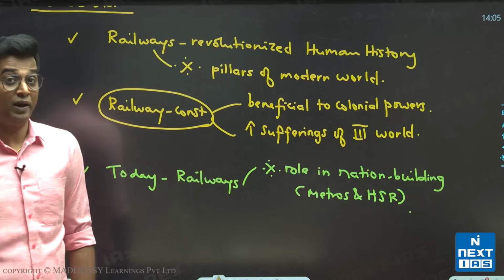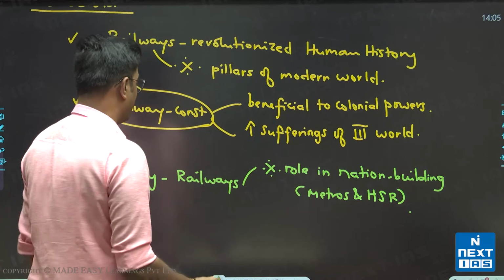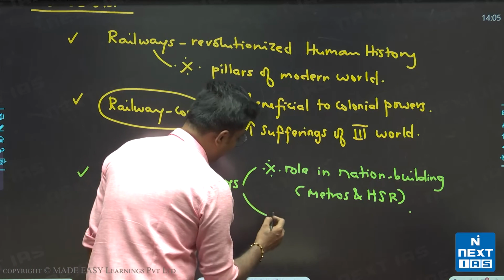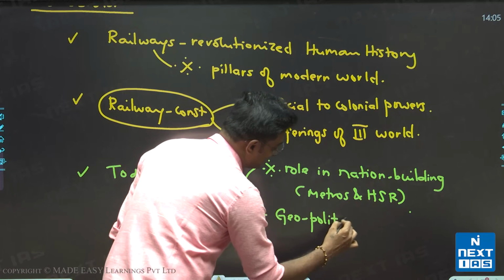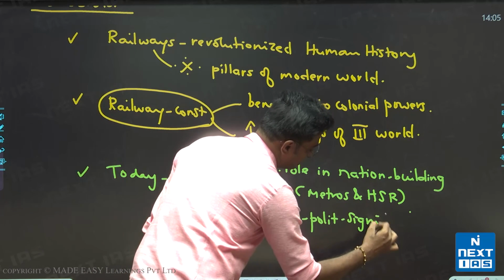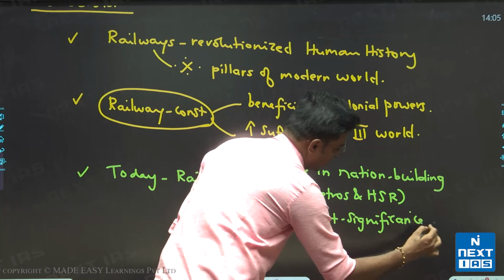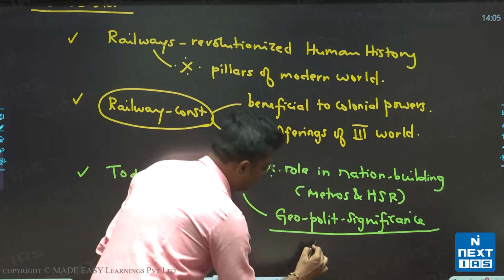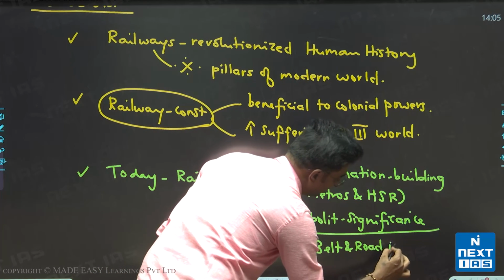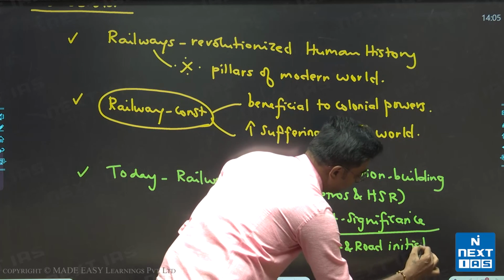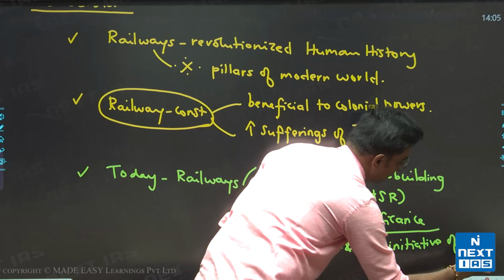They do definitely play an important role in nation building. And you can also say that railways are of geopolitical significance. For example, you can quote Belt and Road Initiative of China.